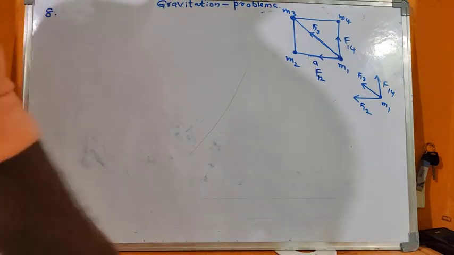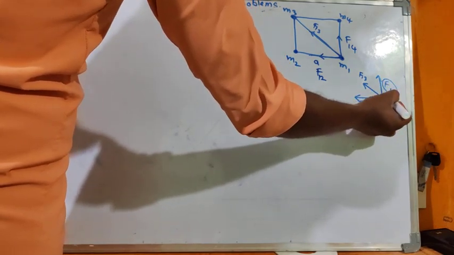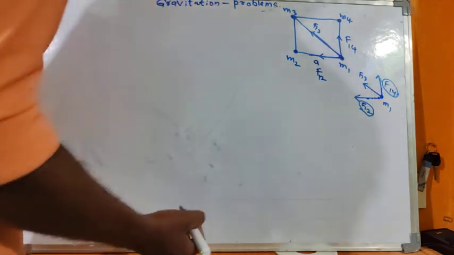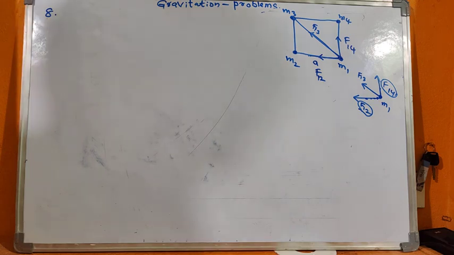If we take F12 and F14, these two start from the same point, so the magnitude of those two forces we already calculated in the previous problem, using the parallelogram law of vectors.